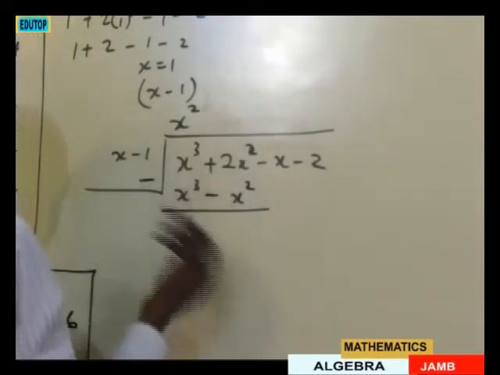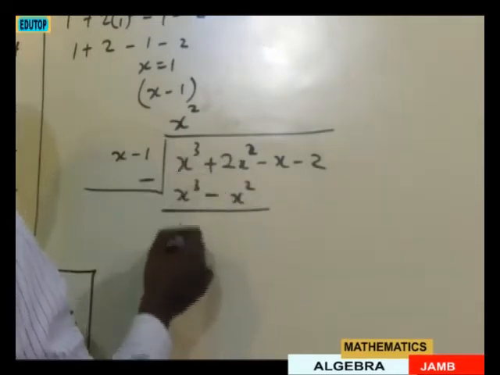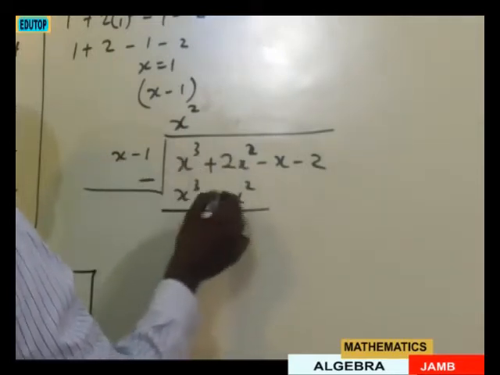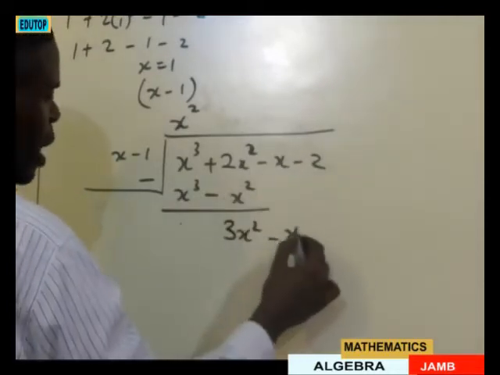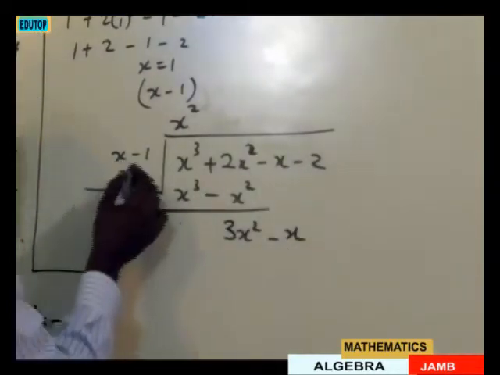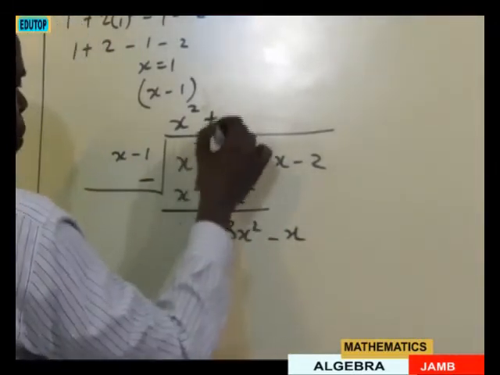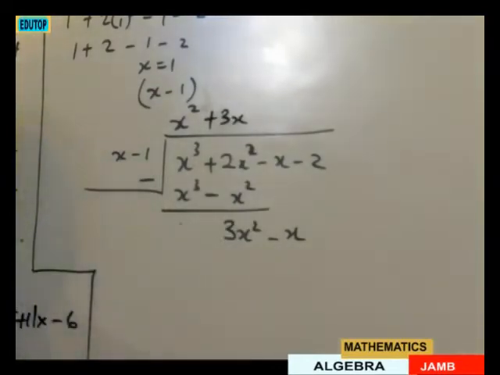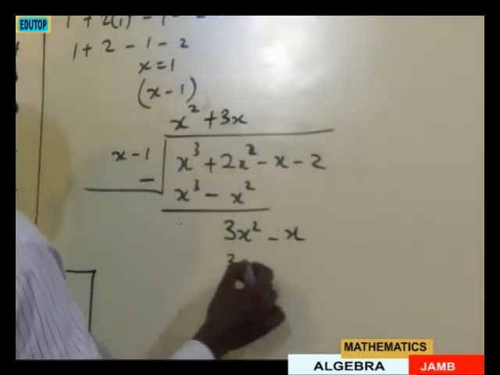This minus this, it will cancel, 0. This minus this, that will become this plus this, that's 3x squared. Bring this one down, minus x. Use this one again to divide this. I will have plus 3x, that's what I'm going to get. Plus 3x multiplied by this again, that will be plus 3x squared.